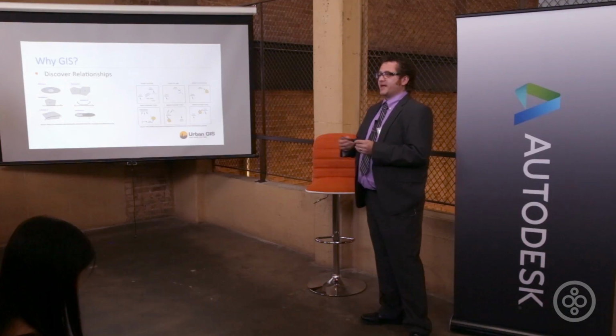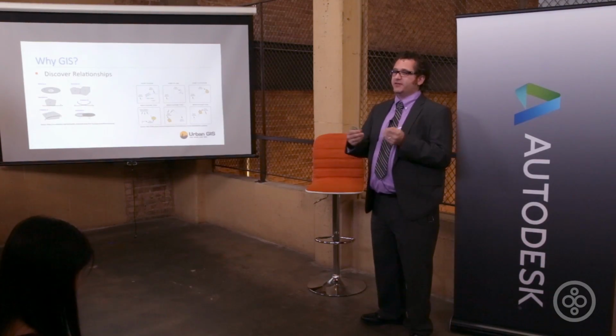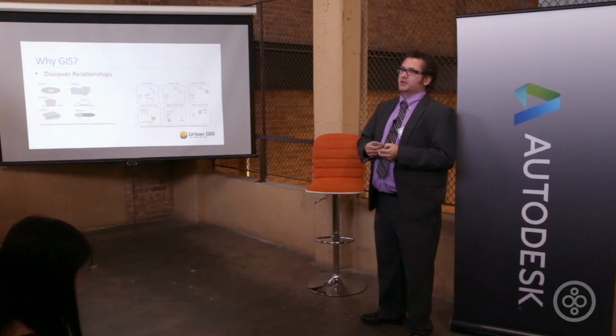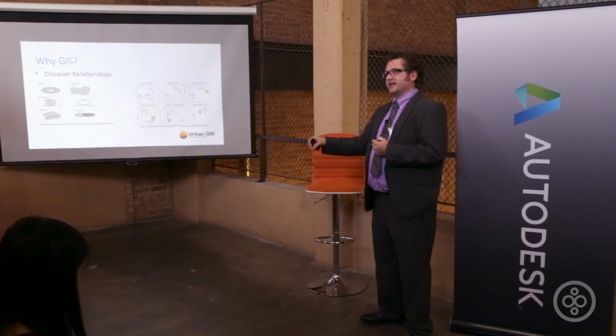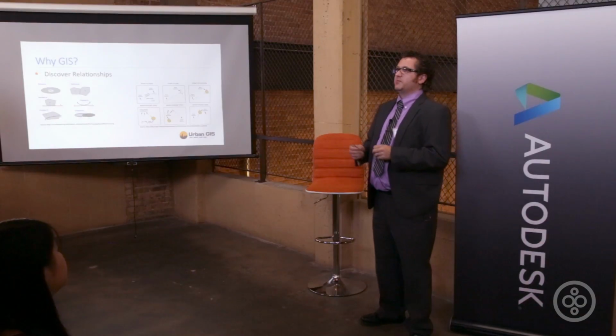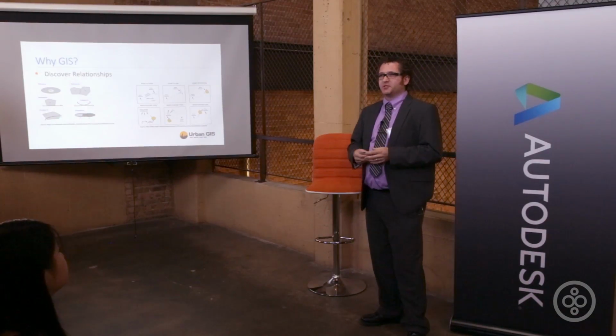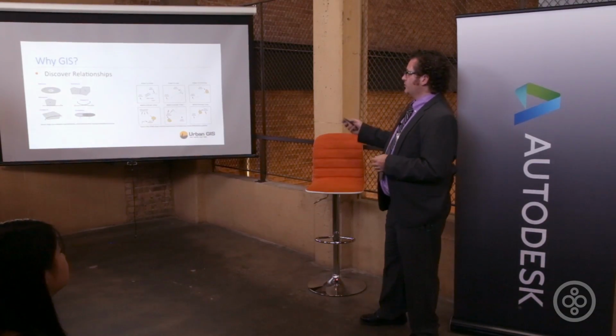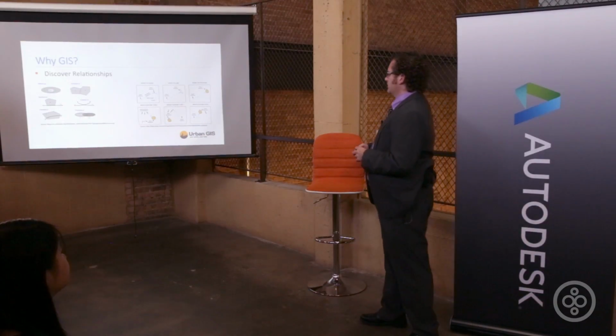And we can begin to ask the questions, okay, I've got this light here, what's my nearest power source? And we may not have the connectivity represented explicitly, but we know the position of a light source and we know the position of all the power sources in the area. We can begin to query those relationships through these spatial functions.